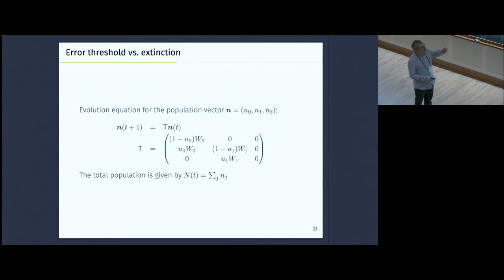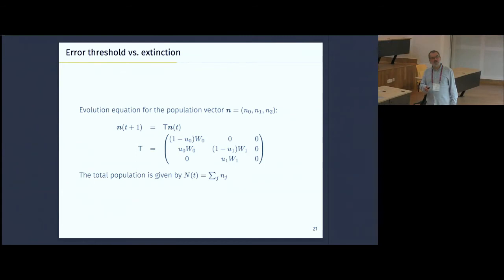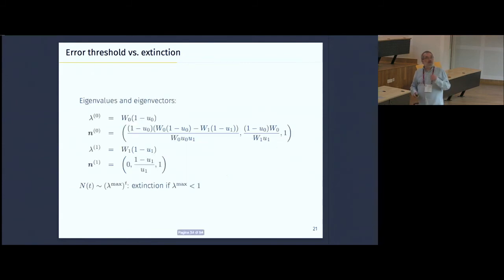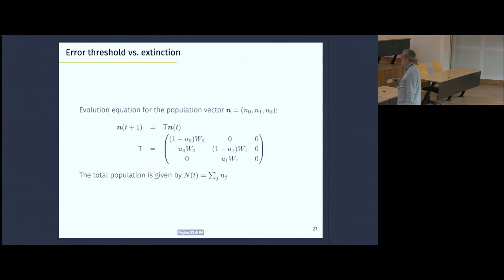This is the transition matrix. So W0 times 1 minus U0, this is the reproduction of type 0 without mutation. This is a mutation term, this is non-mutation in class 1, and this is the source term, so only class 1 can go into class 2. And you evaluate eigenvalues and eigenvectors. I will not do this calculation. You can do it in... yes?